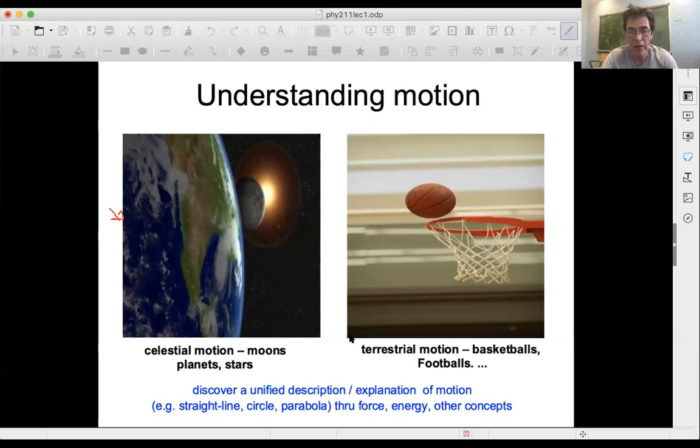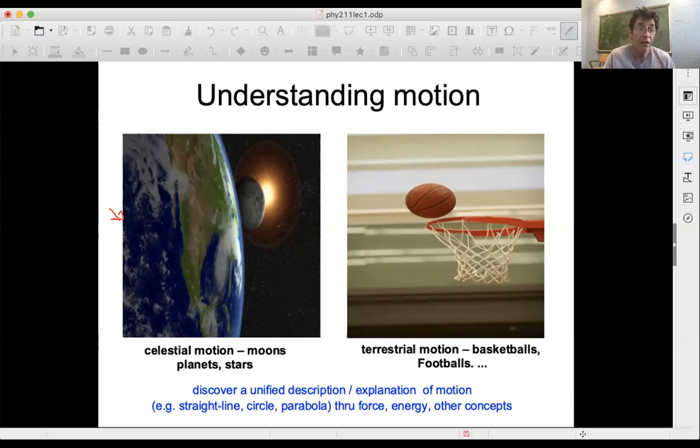One of the things we're going to do, which was actually a huge breakthrough in science, is to uncover a unified description and explanation of all these types of motion. From the celestial motion of planets around the sun, to the more everyday terrestrial motion of basketballs and footballs and so forth.